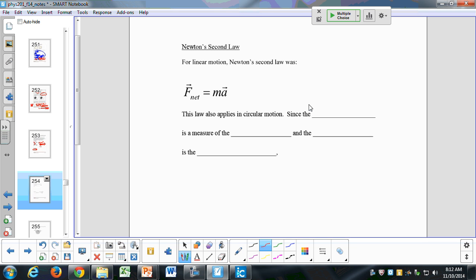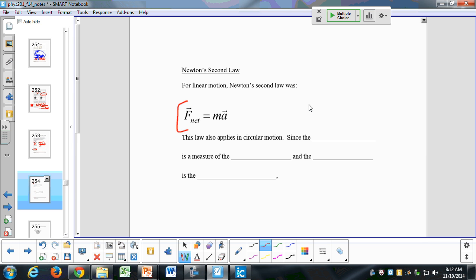All right, so Newton's second law. When we were dealing with linear motion, Newton's second law was F equals ma, right? But this also applies when we have objects that are rotating. And so we can replace linear variables with rotational variables. Let me remind you what we have so far. x we replace with theta.